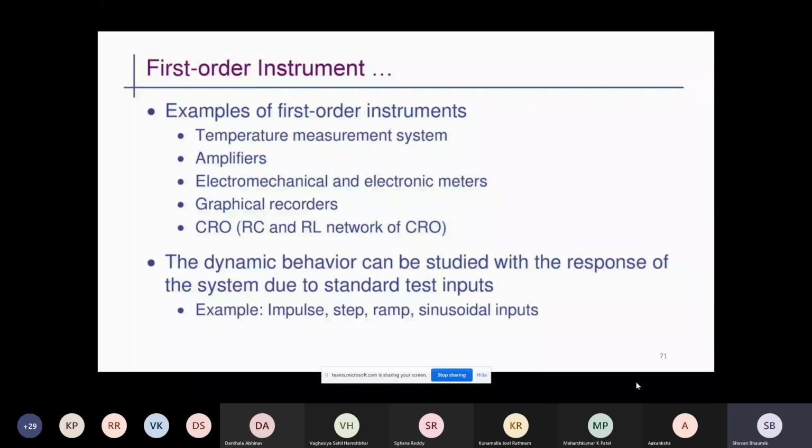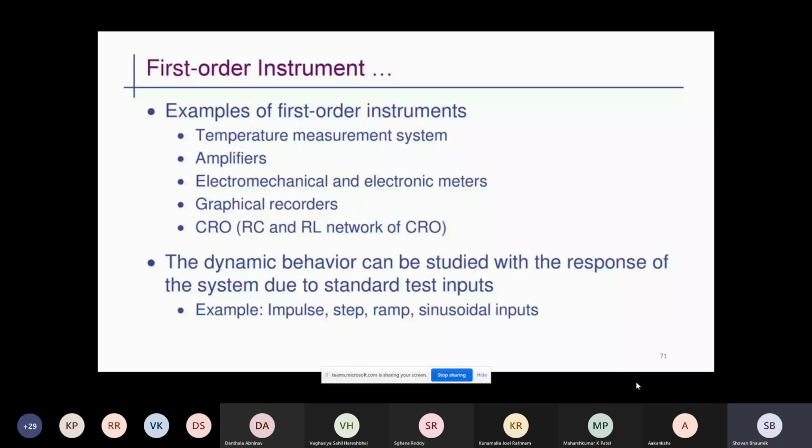If you plot the mercury column with time, you will see that the column is 0 at time 0, and at that time you touch the heated surface, and then the mercury column length keeps on increasing, and it reaches steady state, and after some time it does not increase.